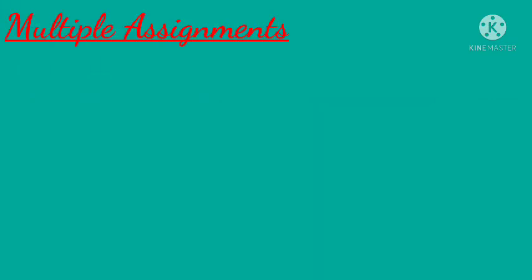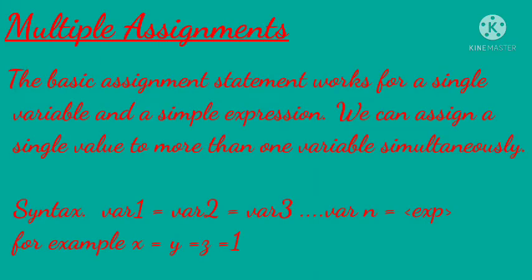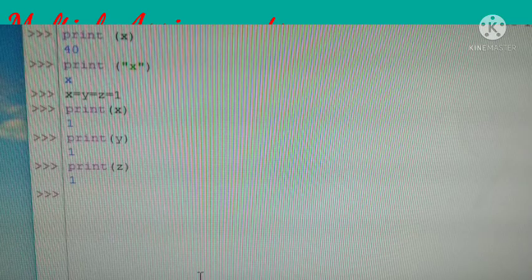In the same way, we can assign one value or expression to different variables simultaneously, and its syntax is variable 1 is equal to variable 2 is equal to variable 3 to variable n is equal to expression. For example, x is equal to y is equal to z is equal to 1.